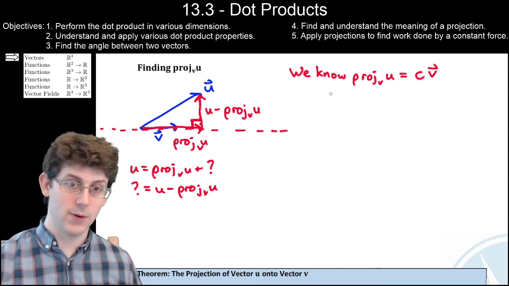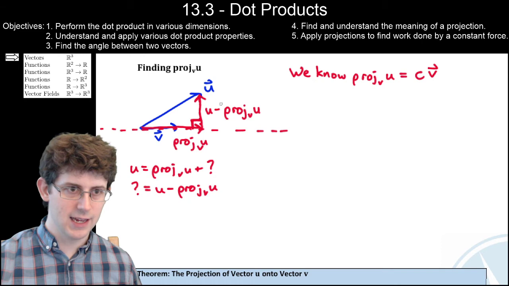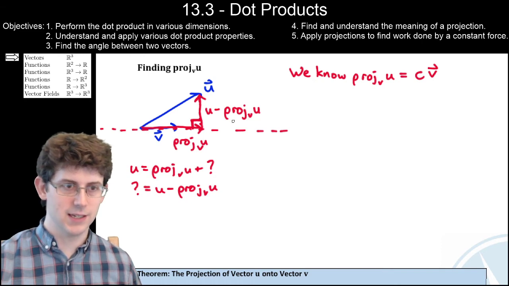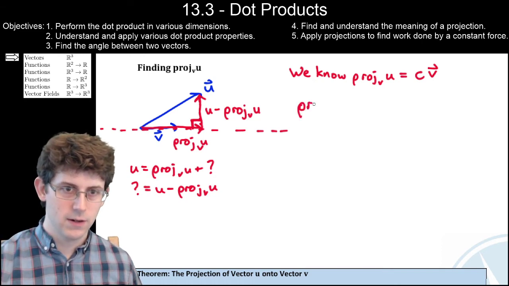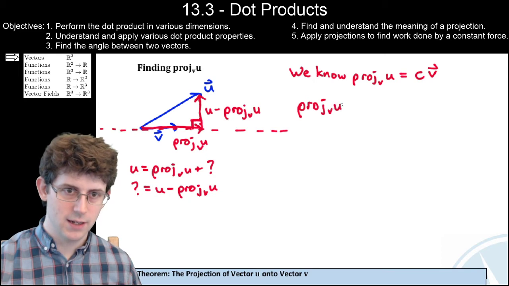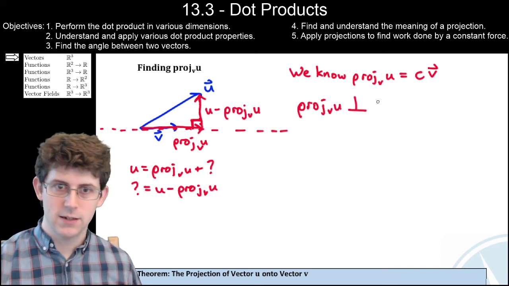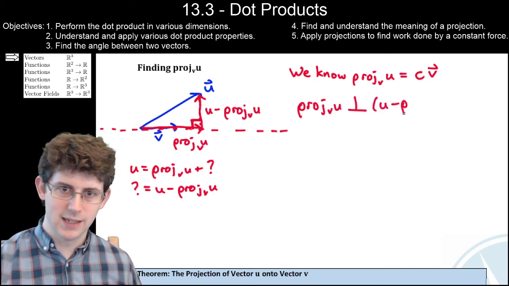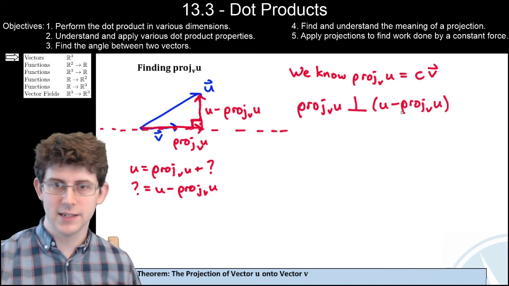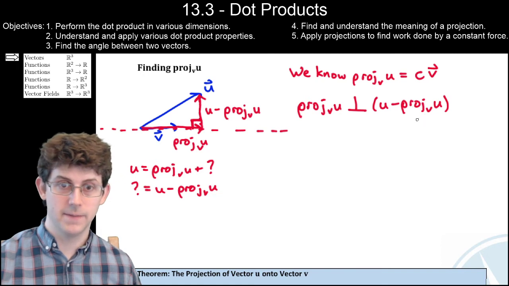So let's see how that works. These two things need to be perpendicular to each other. So the projection is perpendicular to u minus the projection. Remember, the goal here is we're trying to get a formula for the projection.